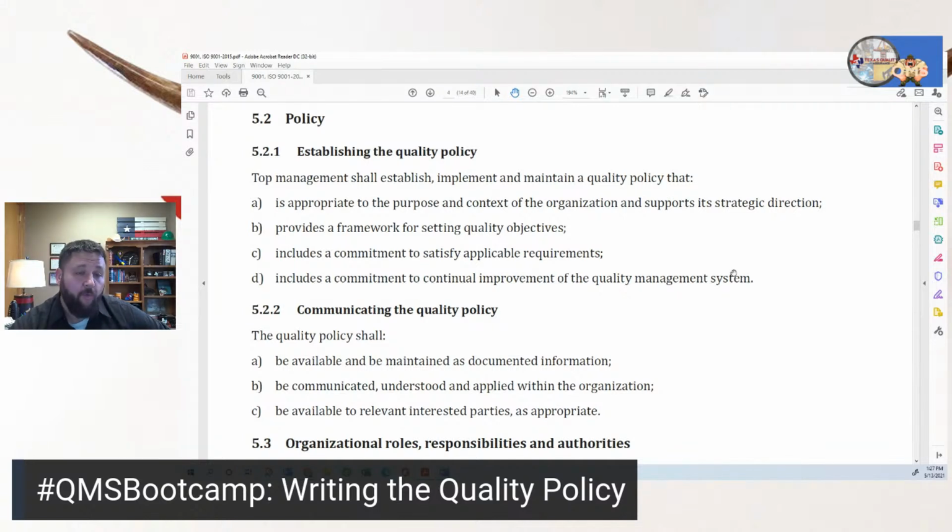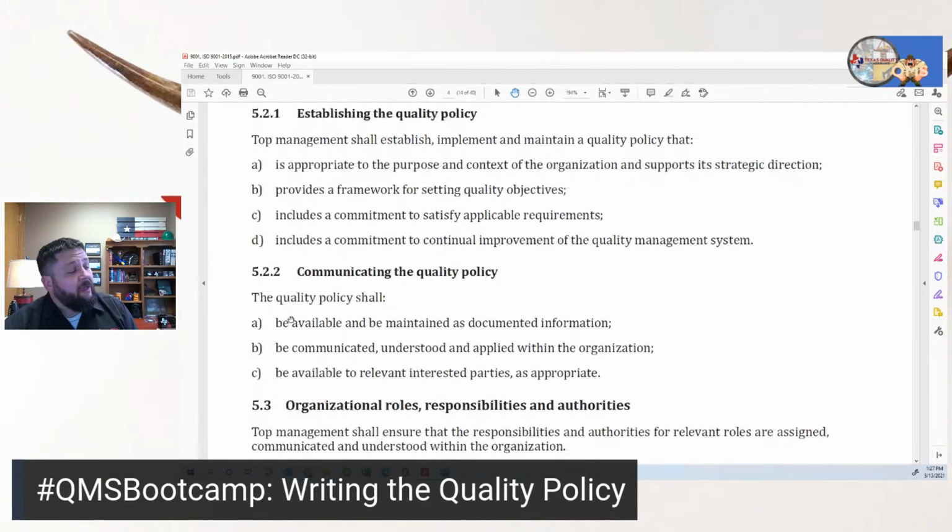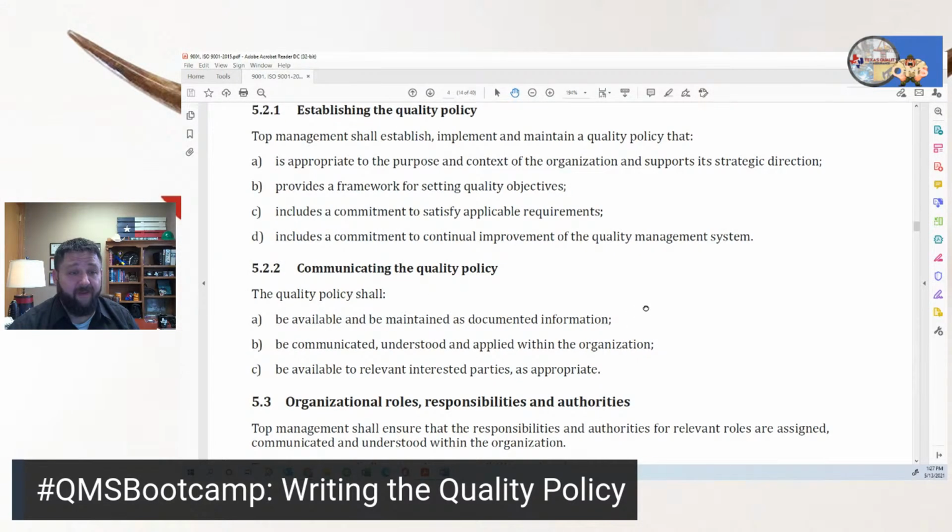Definitely, we got that. We're focusing here on our policy more on the awareness and training and understanding. But since that's really what we base our level of quality off of, it's a perfect angle to go. Now we've got to communicate it. So it has to be available and maintained as documented information.